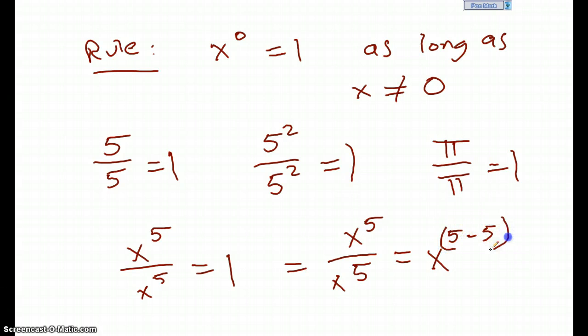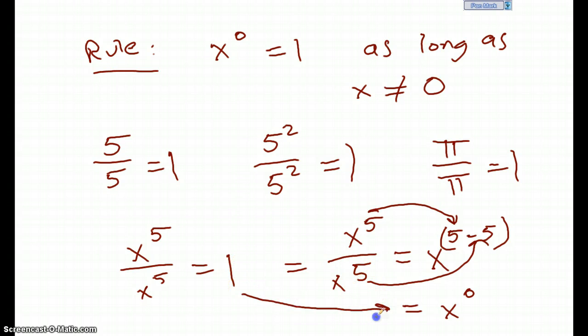So I can take the exponent on the top minus the exponent on the bottom as long as the bases are the same, and that gives me x to the 0 power. Oh, well, wait a minute. Well, that's really just x to the 5th over x to the 5th, which is equal to 1. So here we've kind of proved the relationship that x to the 0 is equal to 1.